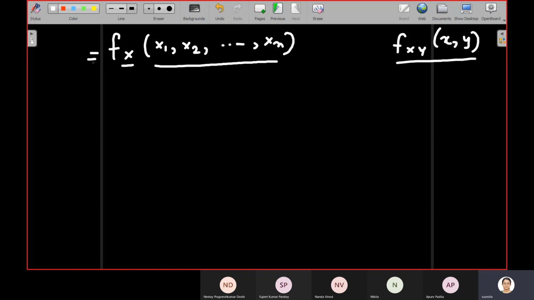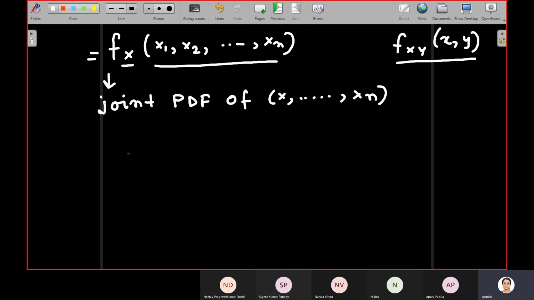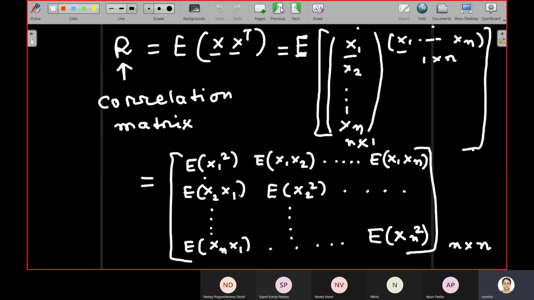But actually this is a scalar-valued function. This is a joint PDF of x1 up to xn, and we just say that this is the PDF of x bar. Now, how will you find this one?